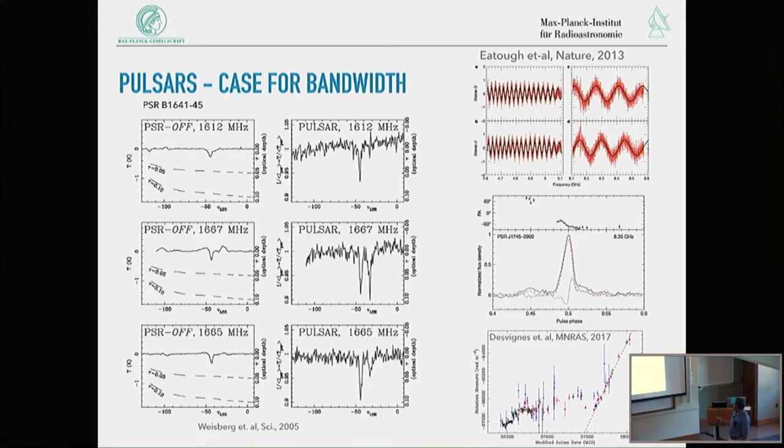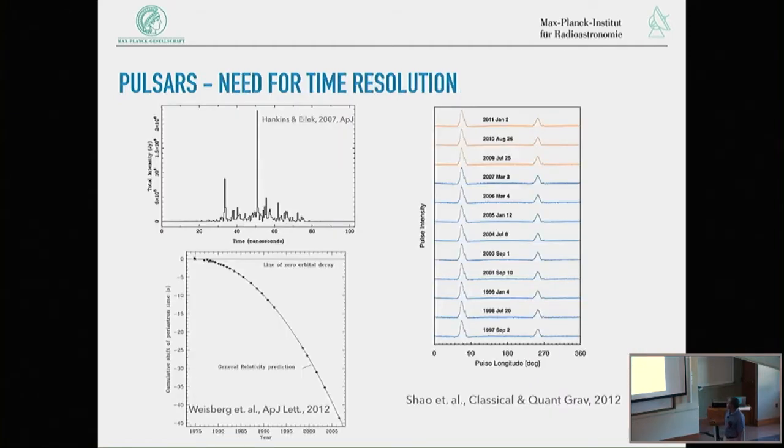But later on, in 2017, when we had an instrument with wider bandwidth, 4 gigahertz, the ones indicated by the green dots, the error bars are much smaller. So greater bandwidth is, of course, key to much of the science that we do. The point again was to say that we need both narrow and wideband capability for pulsar work.